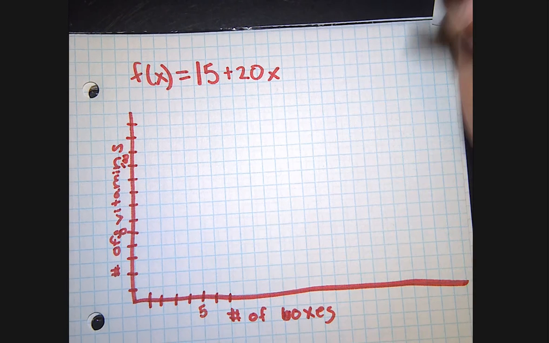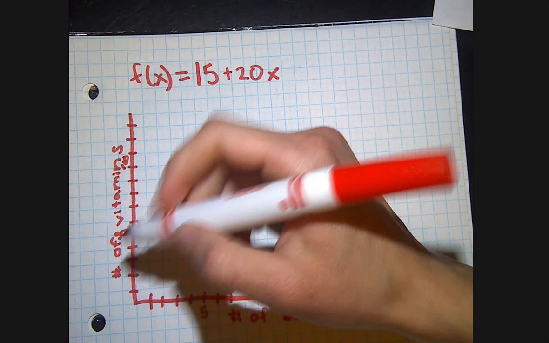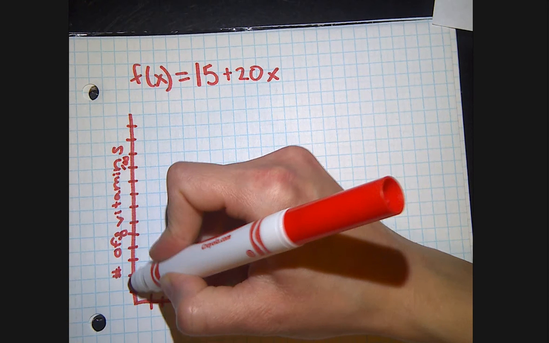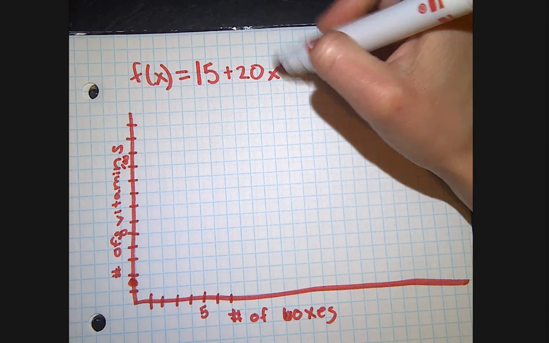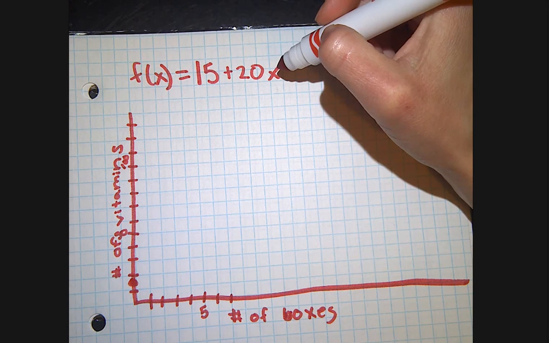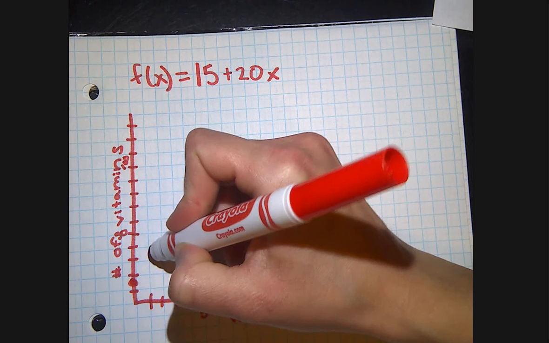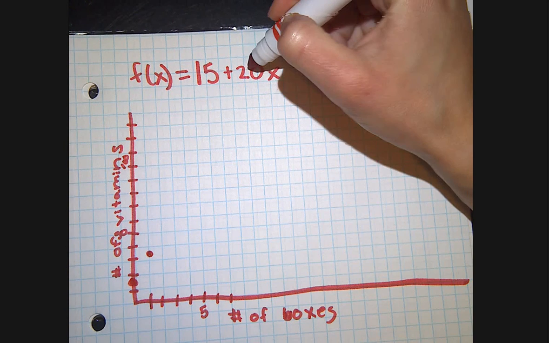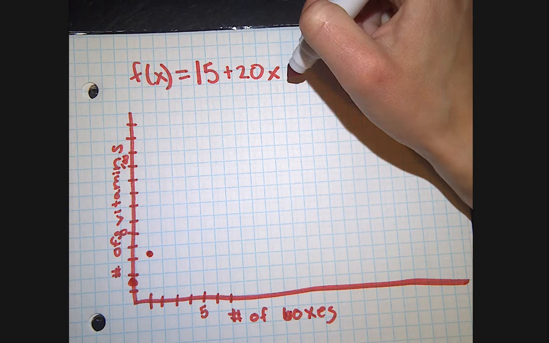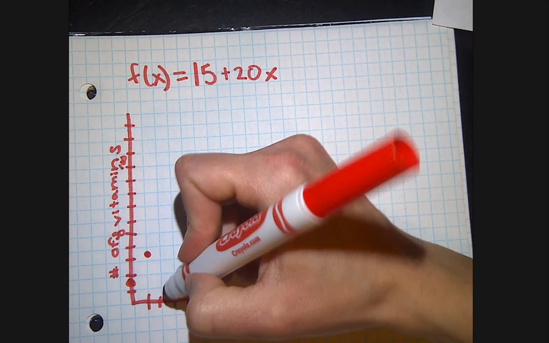Okay, so at 0 there was 15 because there were 15 in the store to start with, so that's right here. Now, if I put one box to figure out what this would be at 1: 20 times 1 is 20, 20 plus 15 is 35. So at 1 I should be up here at 35. Now if I go to 2, 20 times 2 is 40, 40 plus 15 is 55.